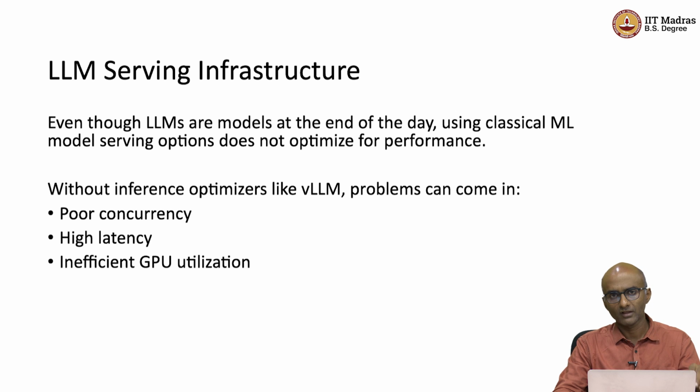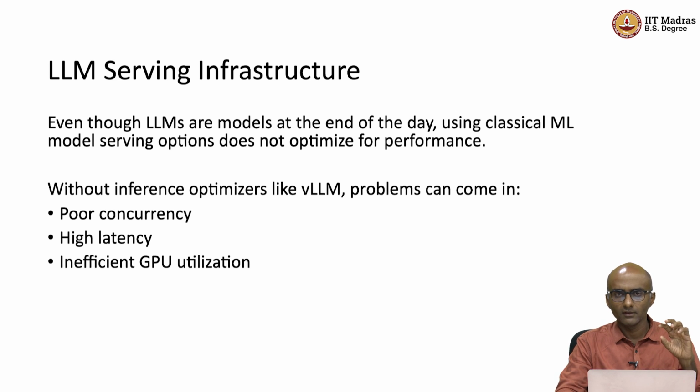So if you don't, for instance, run your LLMs in a way that optimizes the GPU utilization, then you're sitting on a lot of wastage. That's just one example. There are many such examples in the performance domain, which make it quite hard for manual executions or manual serving, which are hand stitched using classical ML kind of techniques, to work as effectively.